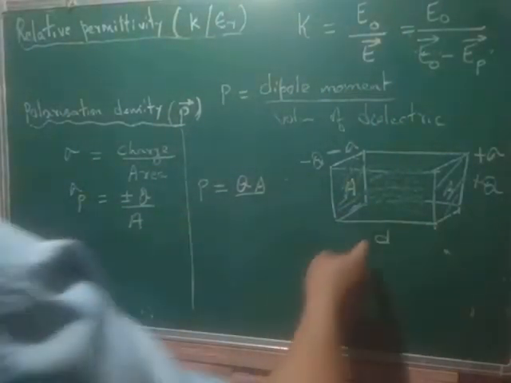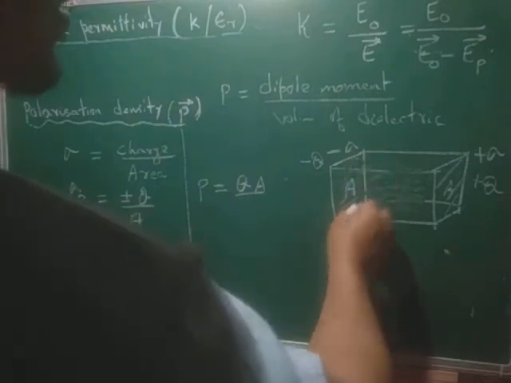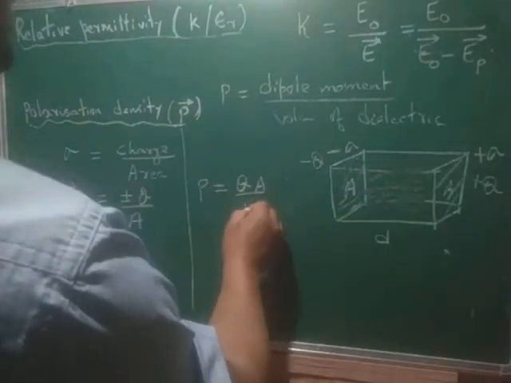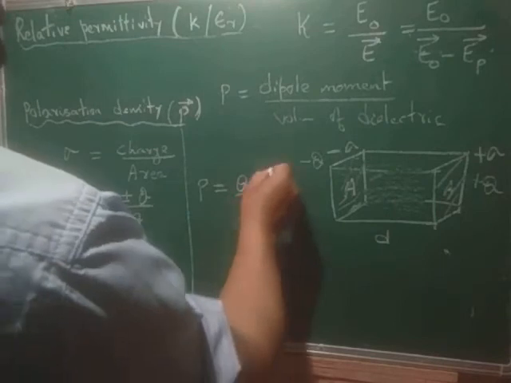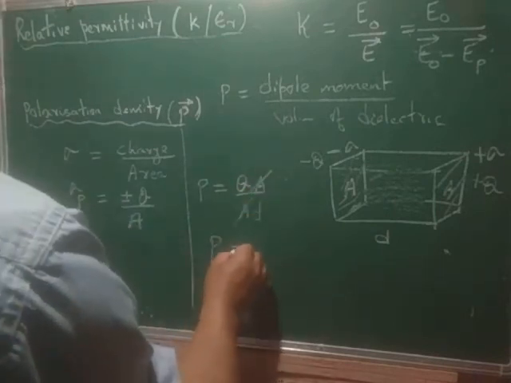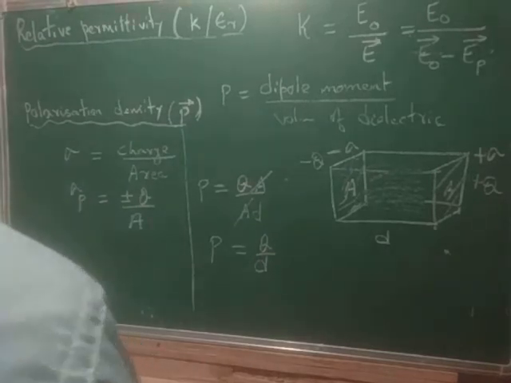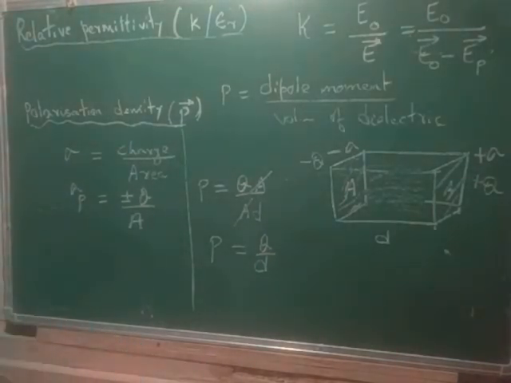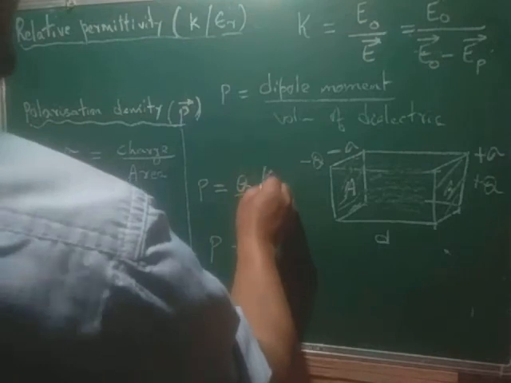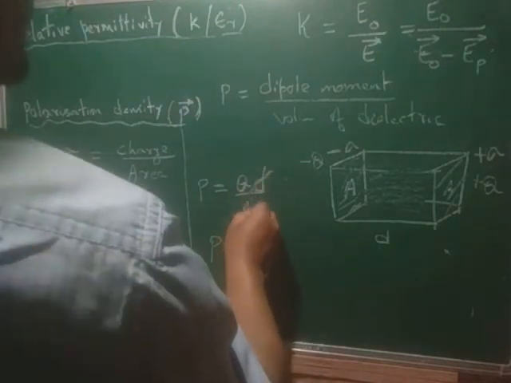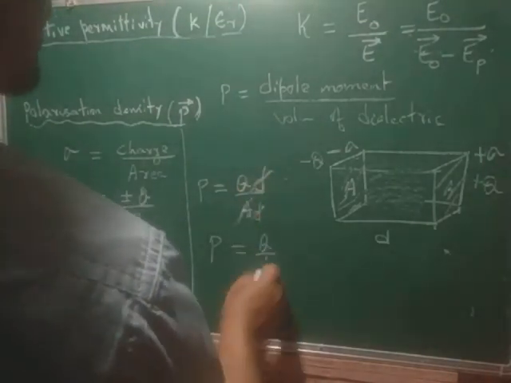The volume of the dielectric is area times distance, A times D. So D with D cancels, A remains in the denominator, and you get Q upon A.